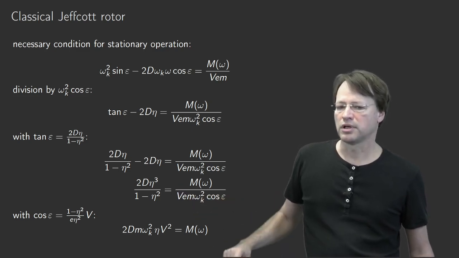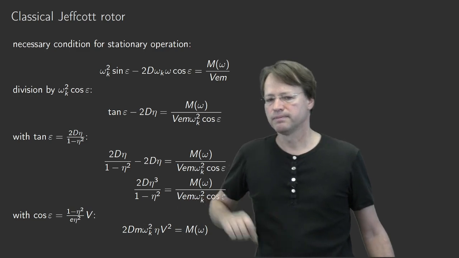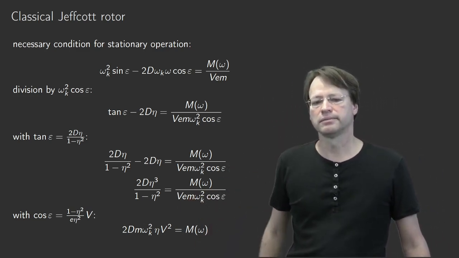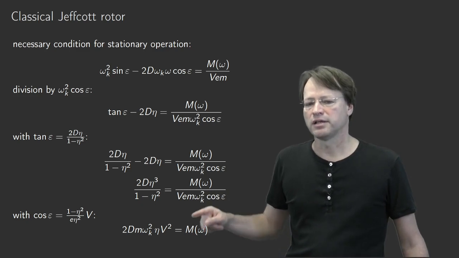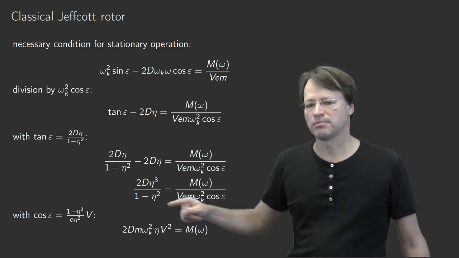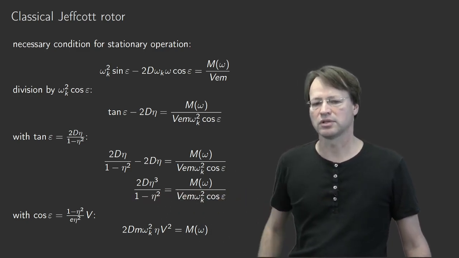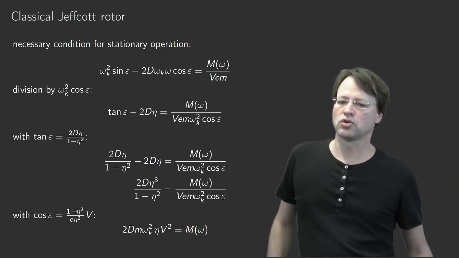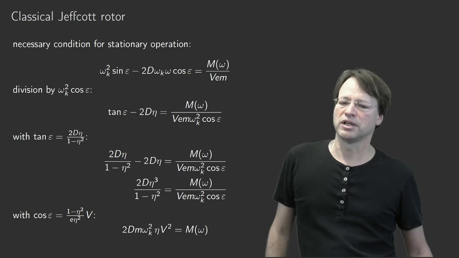You will wonder perhaps, where is the e? Well, but look, there's another e here, the eccentricity. And if you replace the cosine epsilon by that expression, then you see that also that e here will cancel. So at the very end, we get a short equation 2d m omega k squared eta v squared.